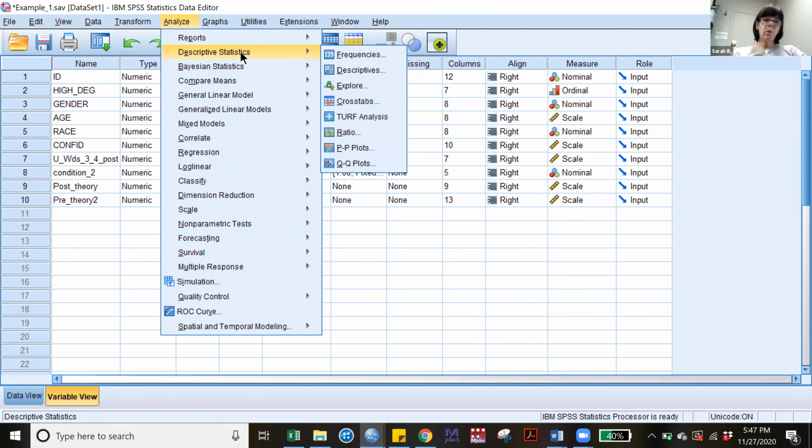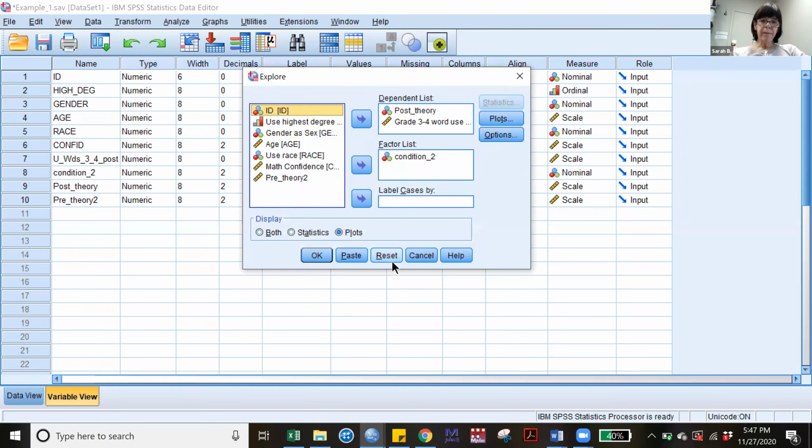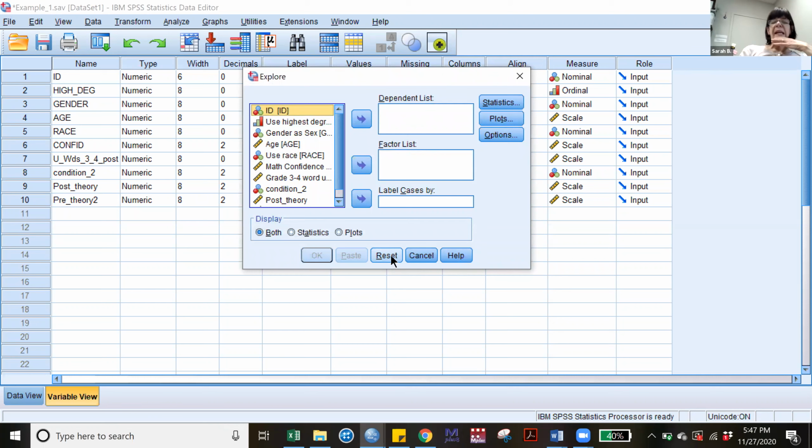So in this case, we're going to go to descriptive statistics, explore. And we have 2 dependent variables, if you remember. We want to know about use of words after treatment, and we want to know about theory of ability after treatment. So those are post-dependent variables, things that we have measured, and we want to know if the groups differ.